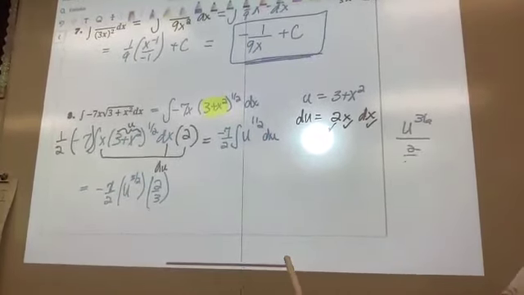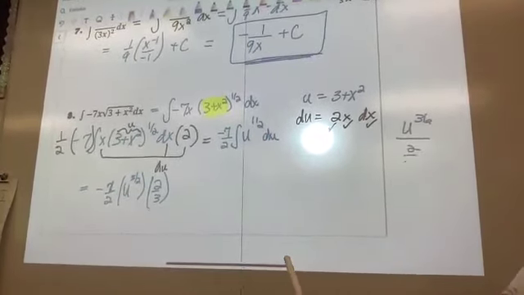Let's plug in. We have negative 7 times the quantity 3 plus x squared to the 3/2 over 2. Oh, no, I'm sorry. I need to multiply, don't I? Negative 7/2 times 2/3. What does that become? Do you see that the 2's you can cross off? So, do you agree negative 7/3? Plus c.